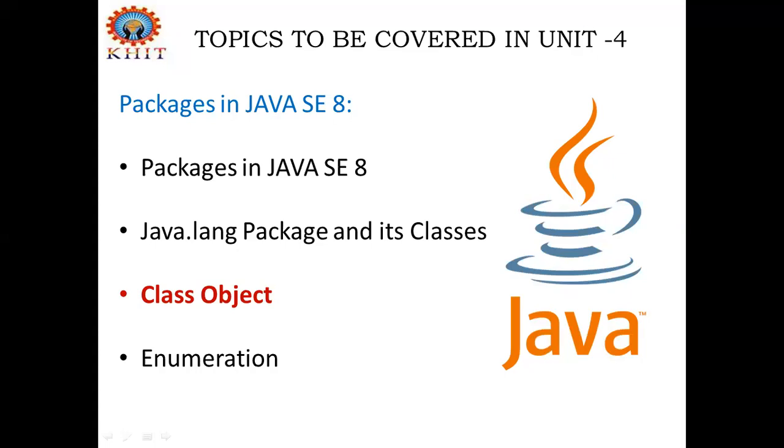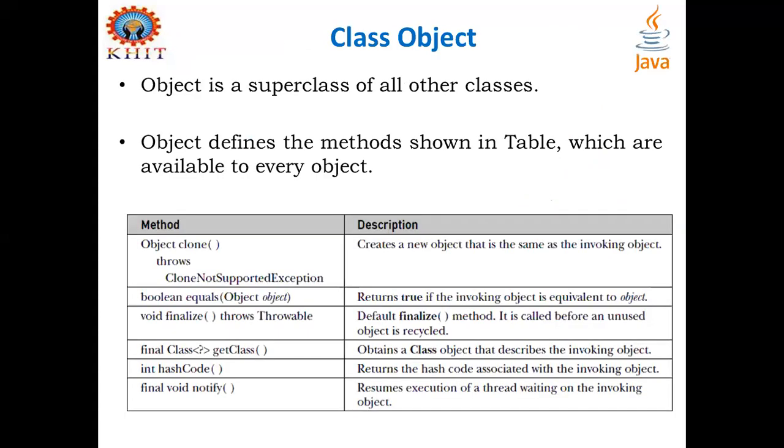The next one is class Object. The class Object is the base class for all the classes defined in Java programs. Object is a superclass of all other classes defined in our Java programs. Object defines the methods shown in the given table, which are available to every object.